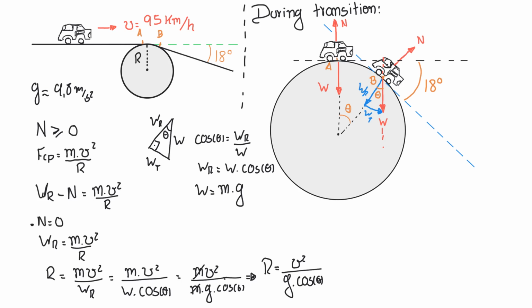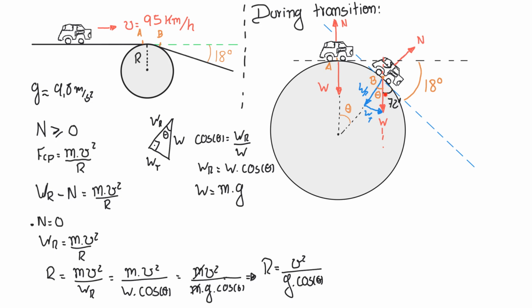Then, with that in mind, we can determine what this angle is, because we know that this whole angle is 90 degrees. Then, this angle must be 90 minus 18 degrees, which results in 72 degrees. But notice that the angle between the radial direction and this blue line is also 90 degrees.